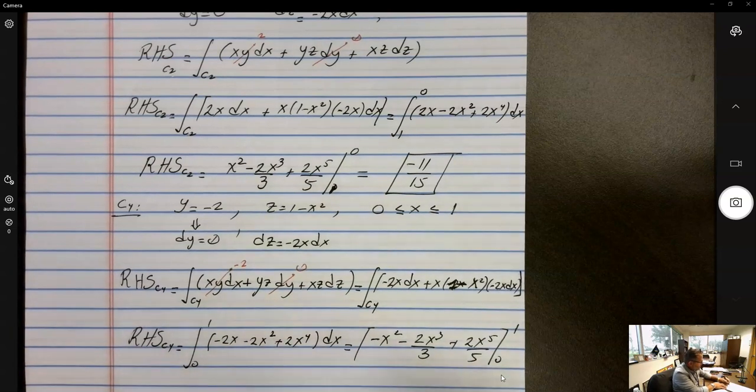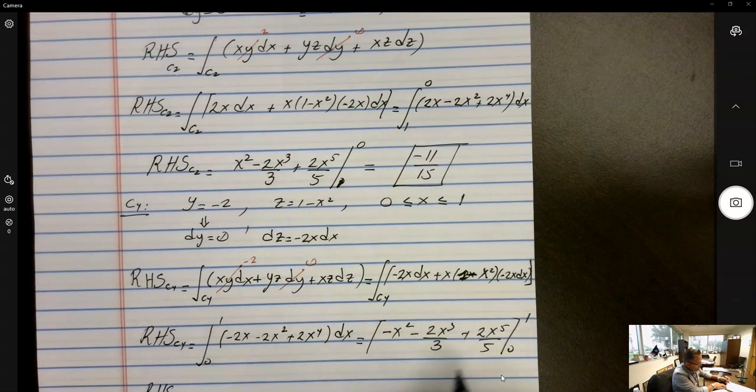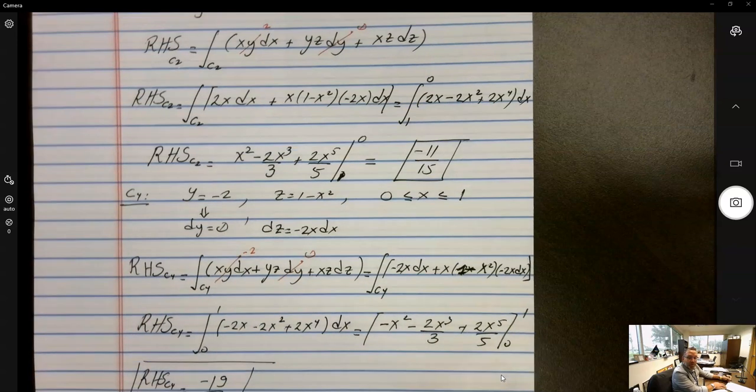So the right hand side along C4 is equal to, this contribution would be minus 19/15, if you evaluate this between 0 and 1.